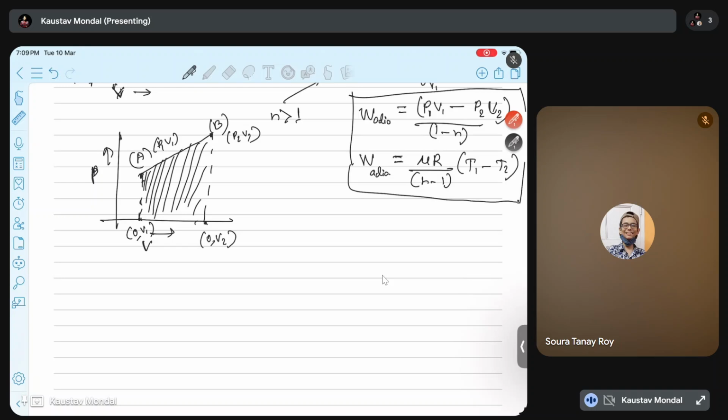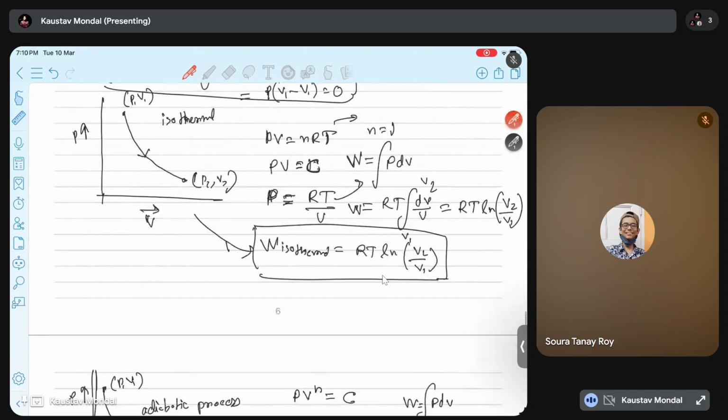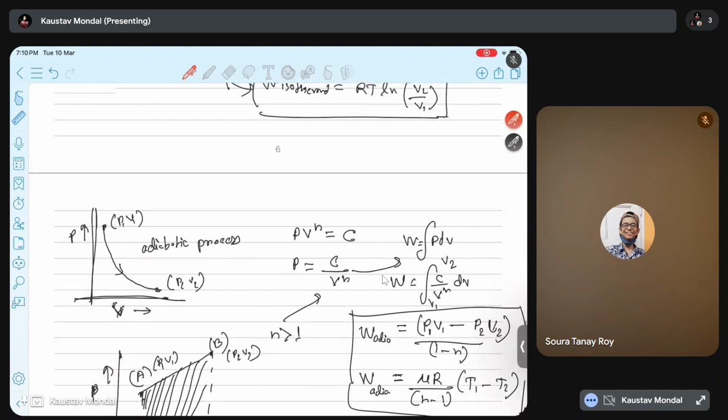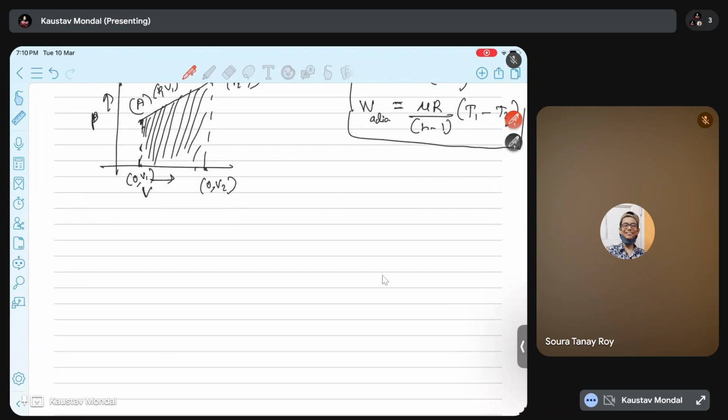Now, the next thing is the specific heat, sorry, heat capacity. Using the first law of thermodynamics, you can rewrite the expression of specific heat for different types of process. Let me write it. Heat capacity.